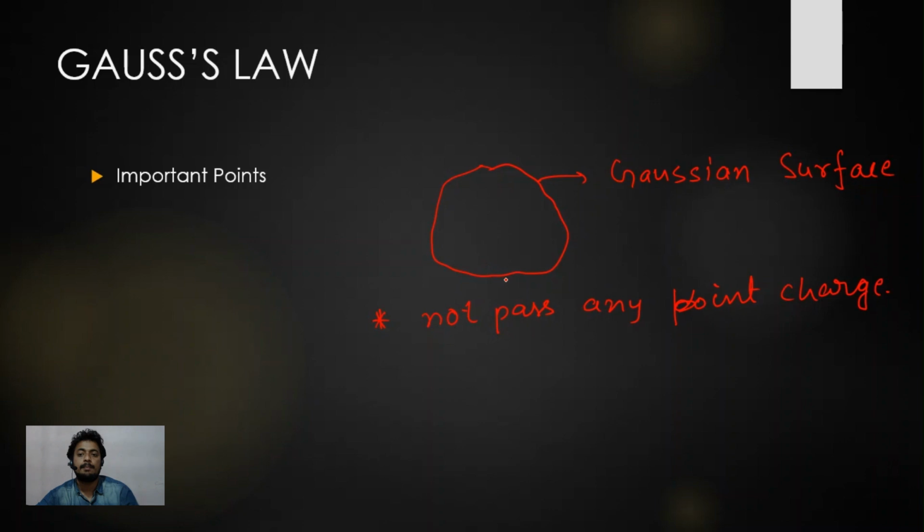Earlier, we have recapped what are point charge and what is continuous charge. But it can pass through continuous charge.